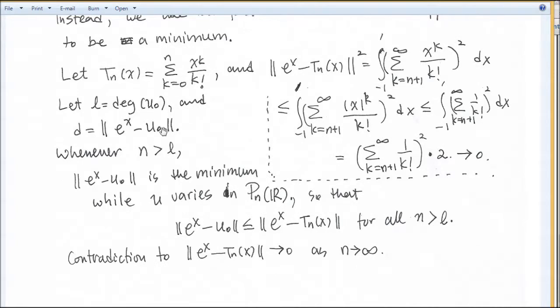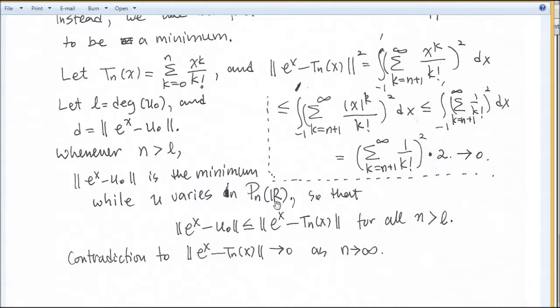But we claim that u0 has that orthogonality property, therefore this is the minimum, right? No matter what polynomial you choose, to apply the theorem, H has to be finite dimensional, right? So you can just go ahead and choose n that is greater than L, where L is the degree of u0, which is supposed to be a polynomial from H. Just choose anything greater than L, and look at the polynomials of degree up to n.